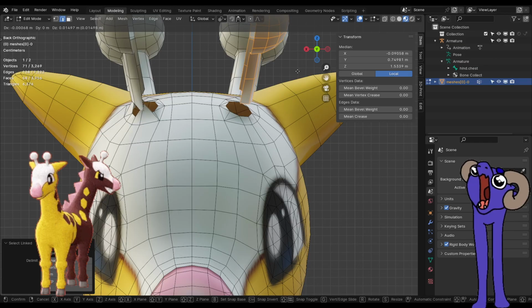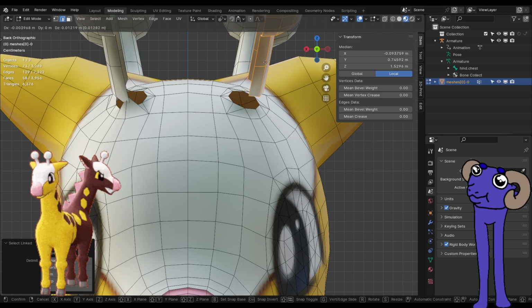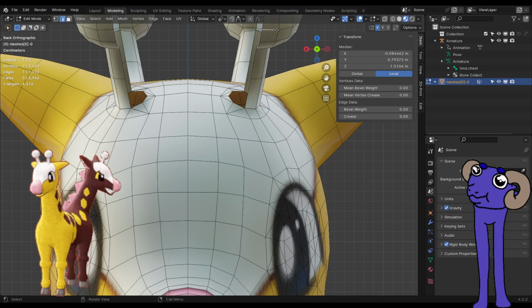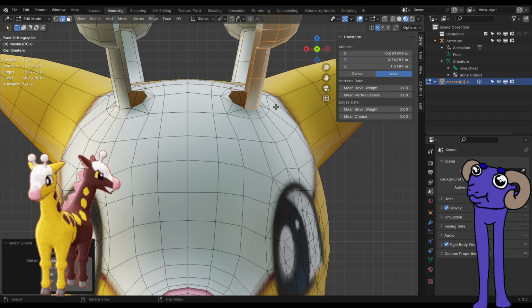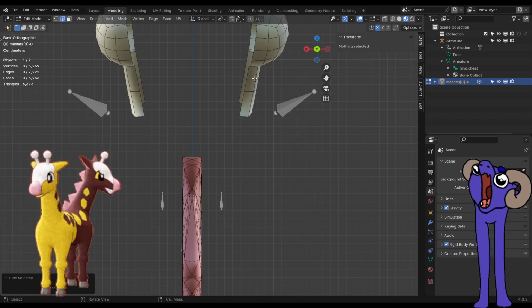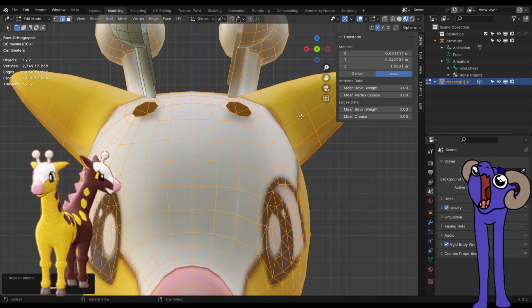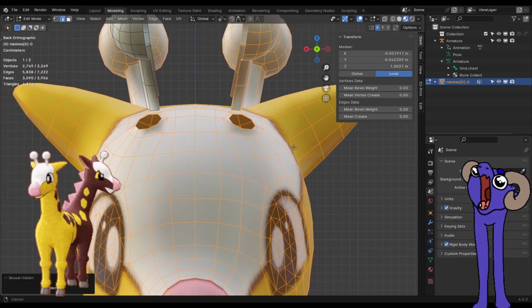Oh, please don't be connected like that. That's not what I wanted. Why are you doing that? If I were to hide this, and then move you up, and then unhide, does that fix it? I think it fixed it.